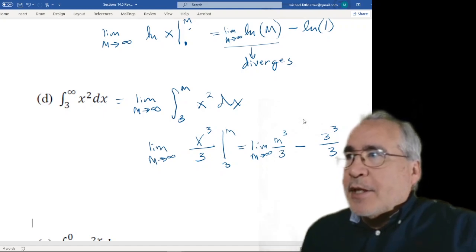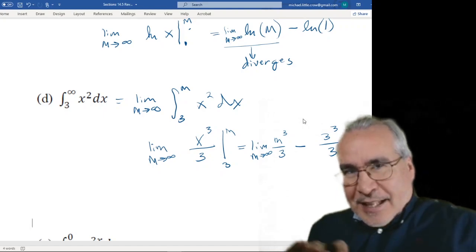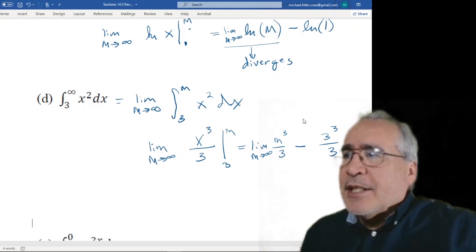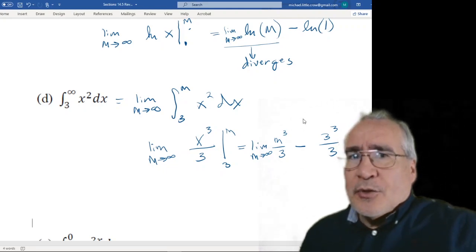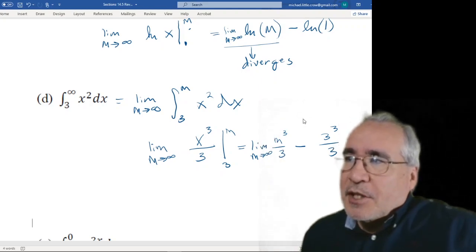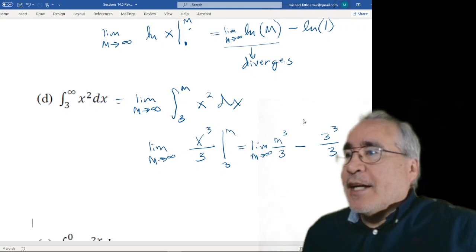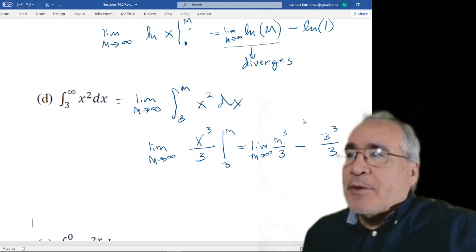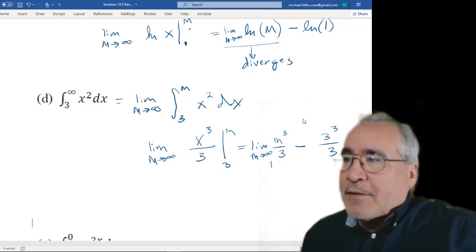Now, if this last one diverged, the natural log, it's a slow rising function. x cubed, as we know, just shoots off to infinity pretty quickly. Either way, both of them go off to infinity, so this part diverges.